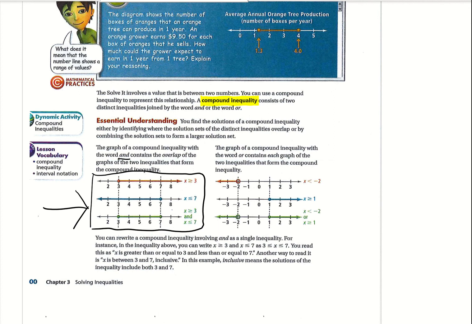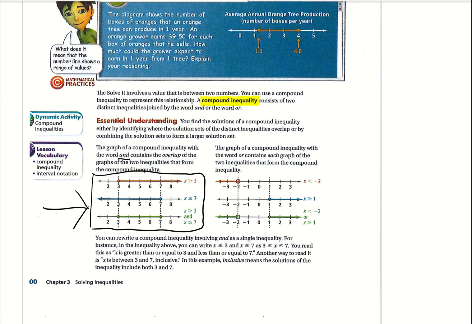So we have x is greater than or equal to 3, which is the red graph there. Then we have x is less than or equal to 7, which would be the blue graph, the second one. And then the third one, the green one, that's the and.